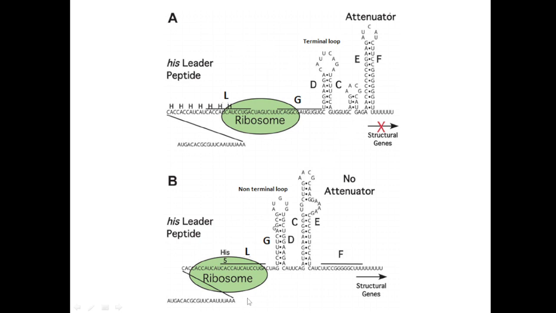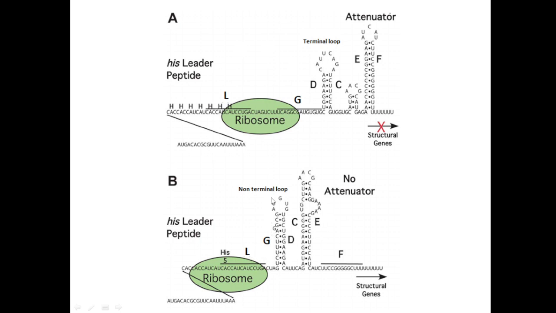But when histidine concentration is really low, in this case ribosome will move very slowly along L path. In this case D will interact with G, a non-terminal loop, and C will participate in other conformational changing of ribosomal messenger RNA.